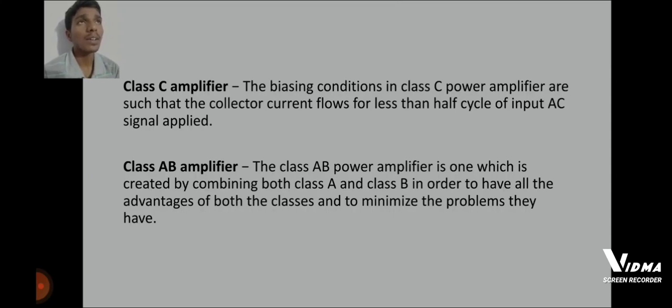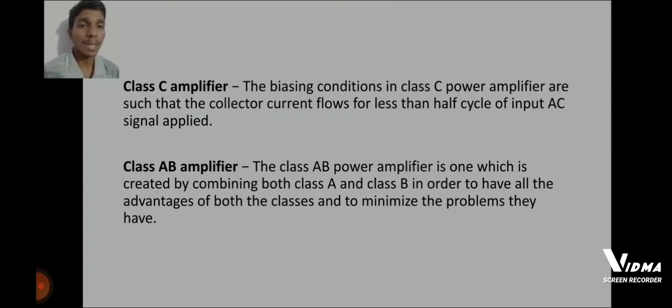So in class B, only 180 degrees of the signal is transmitted, but in the class C amplifier it transmits less than 180 degrees. It produces output of less than 180 degrees of the input signal.